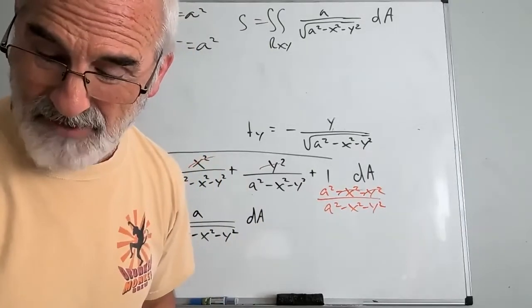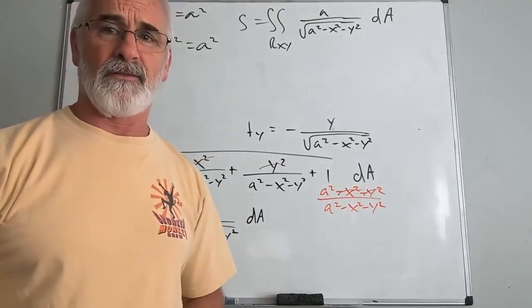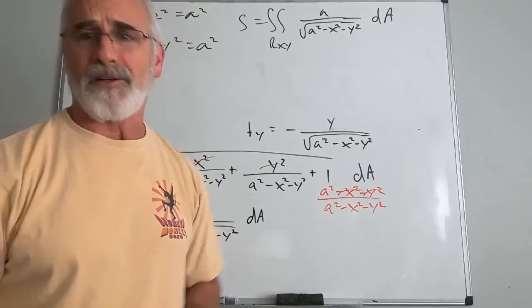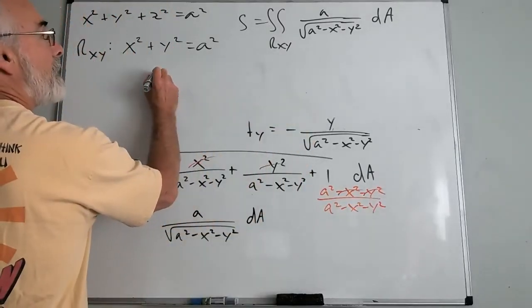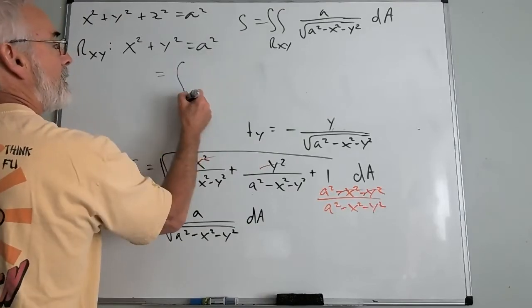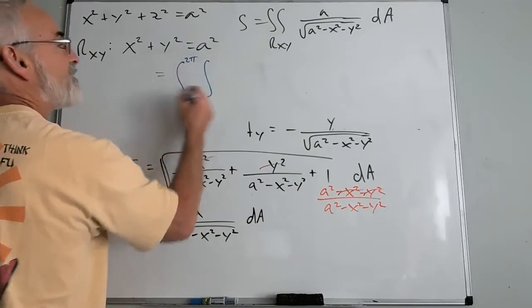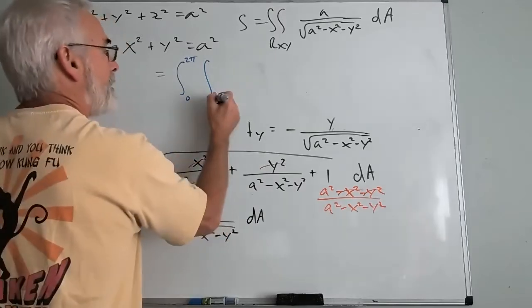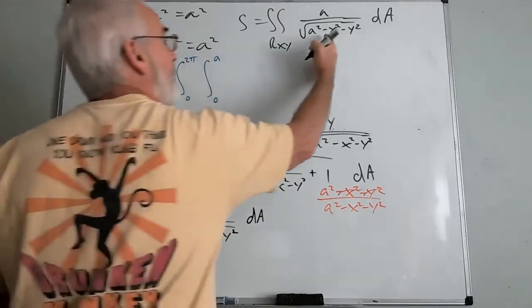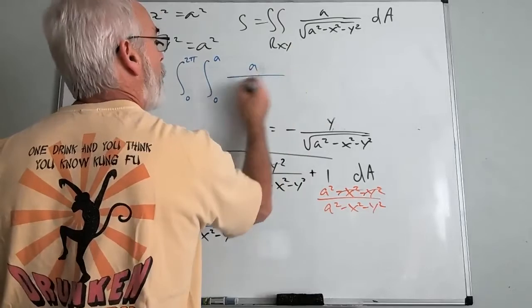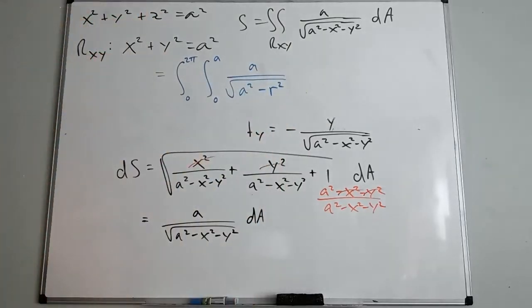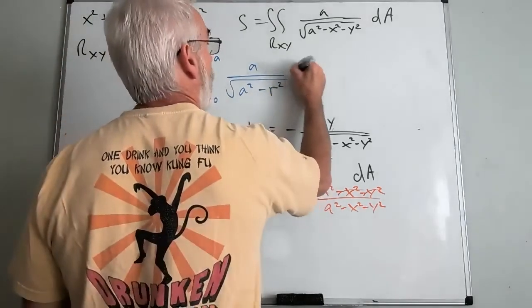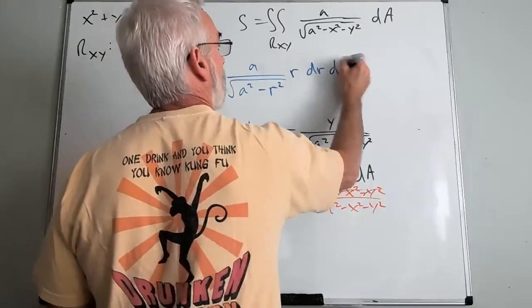In fact, if I didn't do polar, this one would be probably impossible. Okay, so let's make this into a polar integral. So we're going to say this is equal to, again, 0 to 2 pi. It's a circle of radius a, so it'd be 0 to a. This would be a over the square root of a squared minus r squared. Okay, because x squared plus y squared is r squared. And once again, r dr d theta.